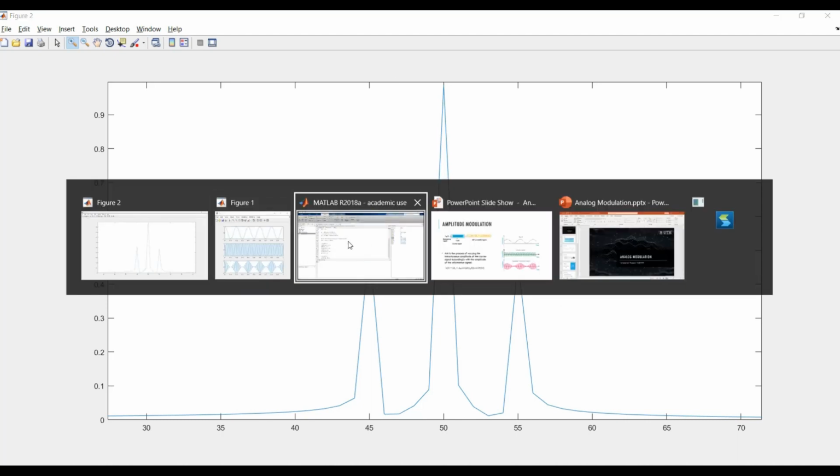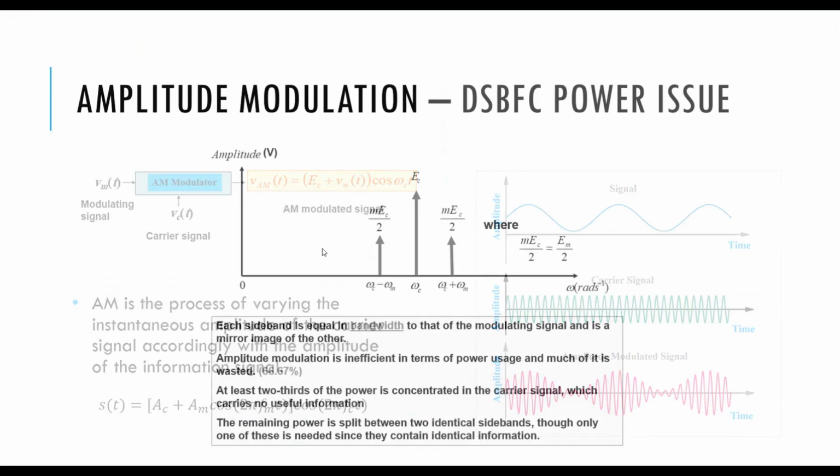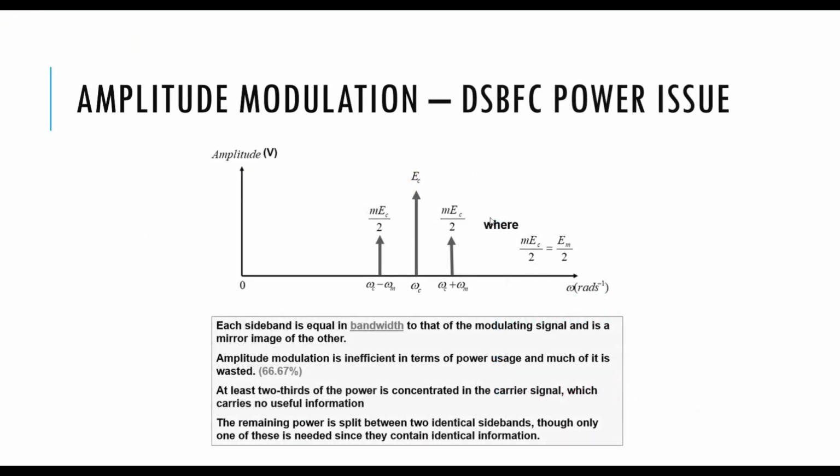To explain further on this part, we need to understand that all of the power transmitted is distributed among these three bands. So we have our AC here, which constitutes 66.67% of the amplitude.